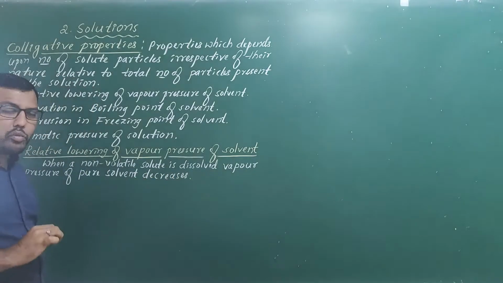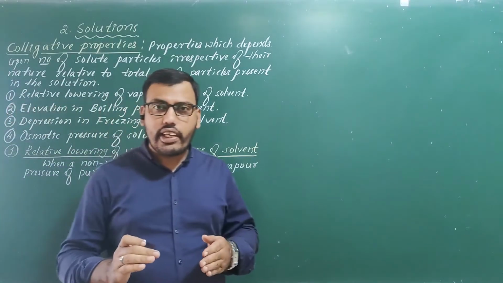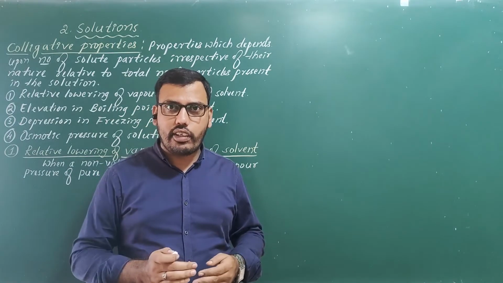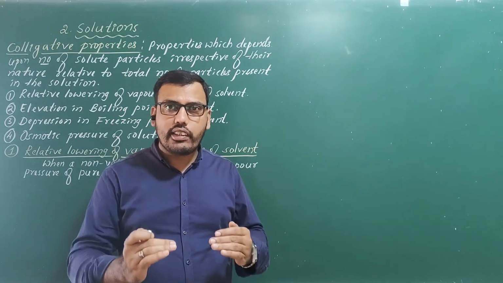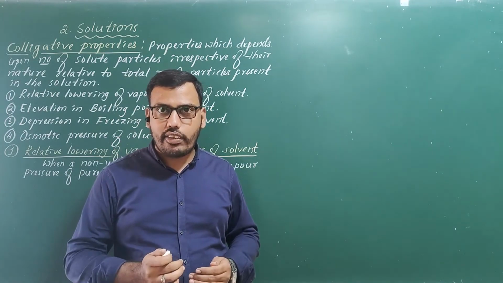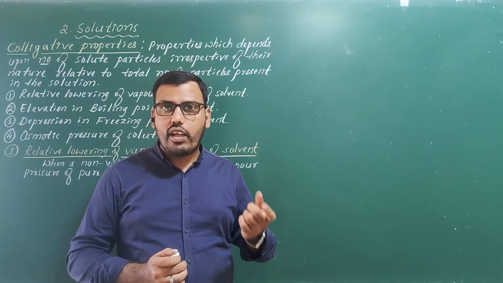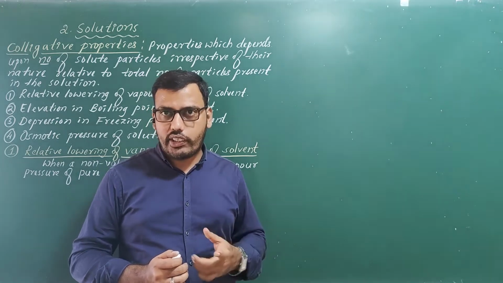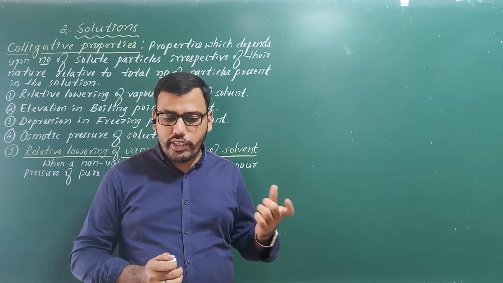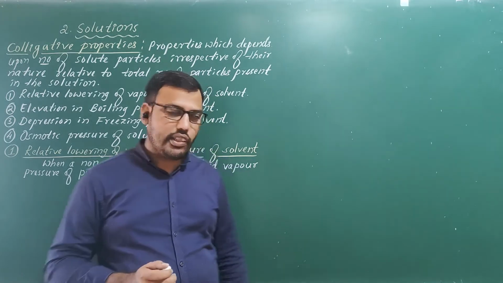So therefore, I have told you pure solvent has more vapor pressure and solution has less vapor pressure. If you see the difference, that difference is called lowering of vapor pressure.